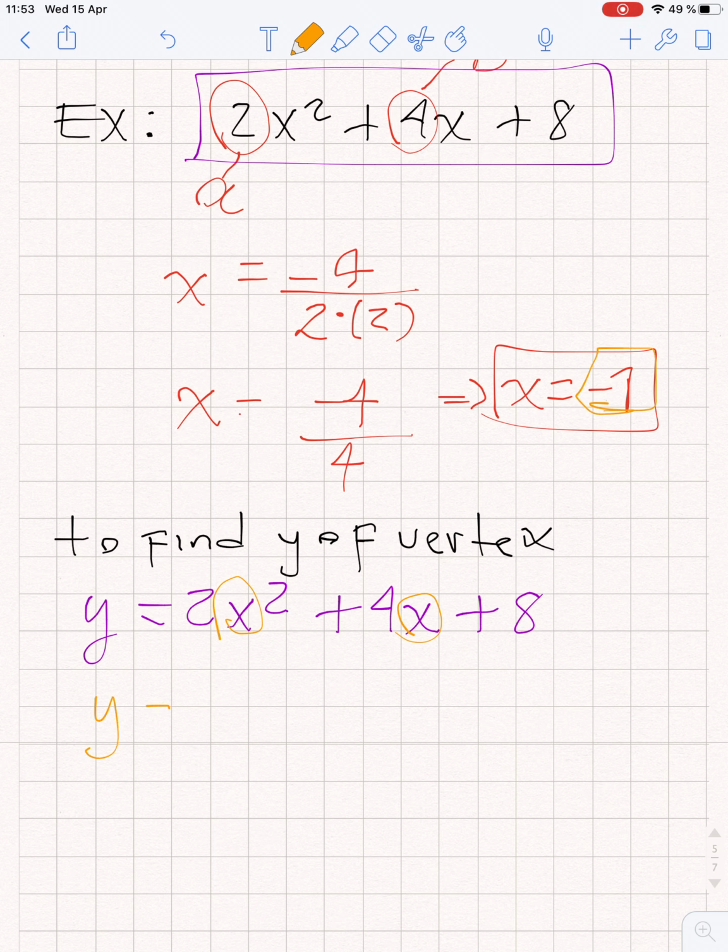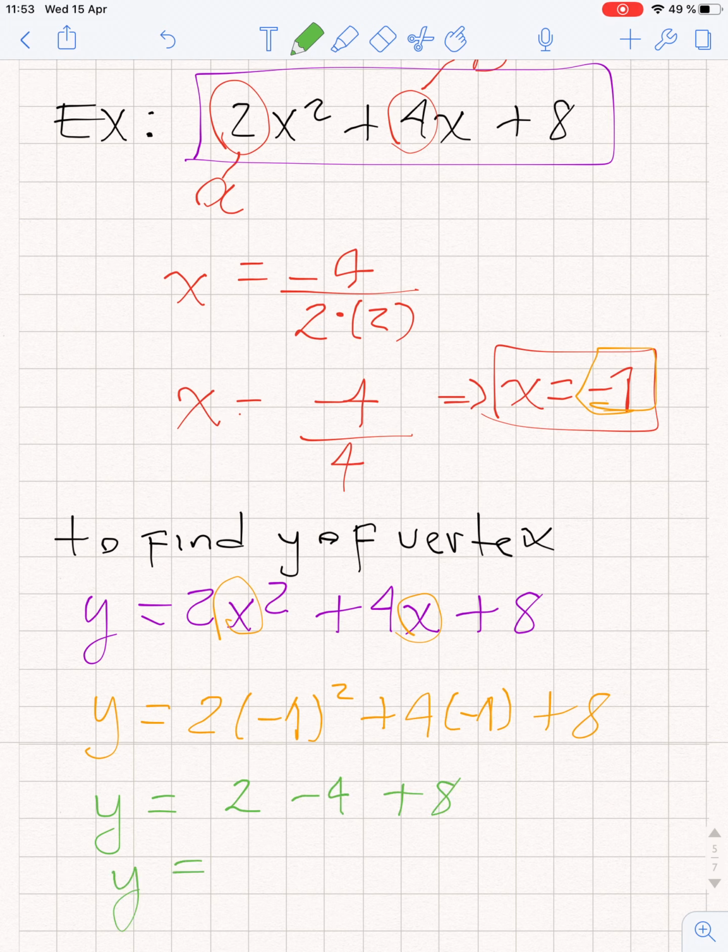Now the formula is going to be 2 times minus 1 to the power of 2 plus 4 times minus 1 plus 8. By doing the full operation in a calculator or in your mind, you can find minus 1 to the power of 2 is 1, times 2 is 2, plus 4 times minus 1 is minus 4, plus 8.